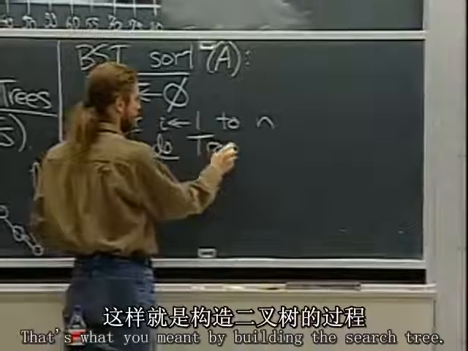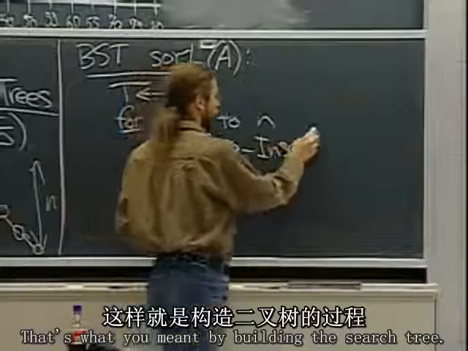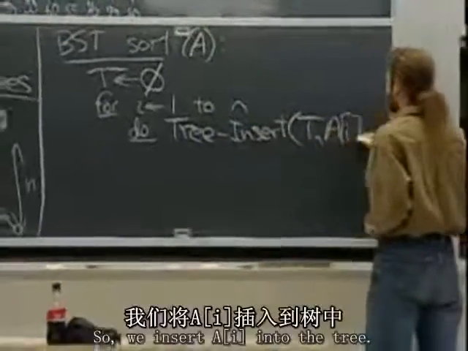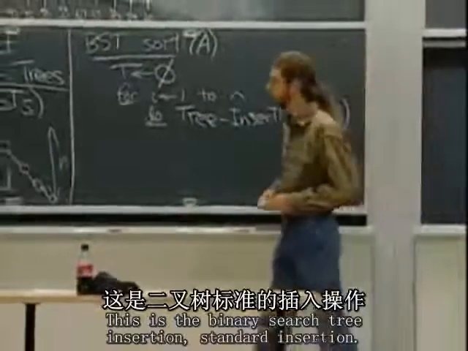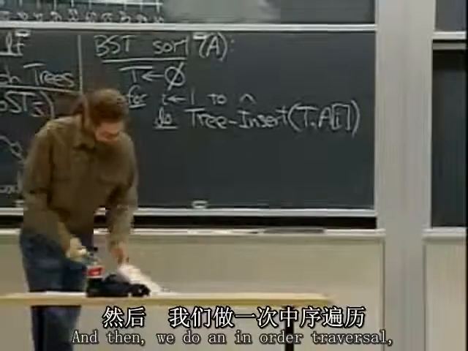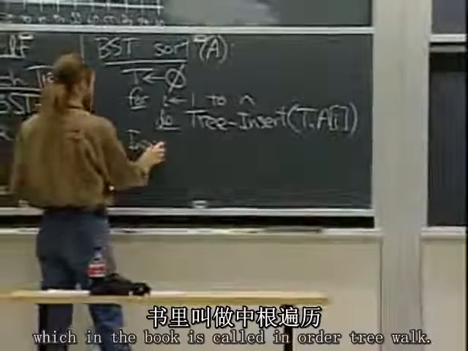That's what you meant by building the search tree. So we insert A[i] into the tree. This is the binary search tree insertion, standard insertion. And then we do an in-order traversal, which in the book is called in-order tree walk.